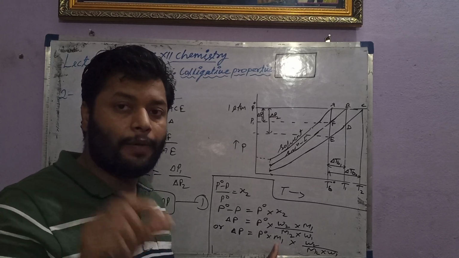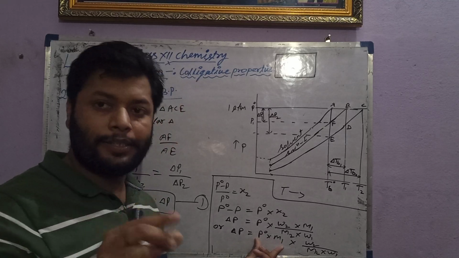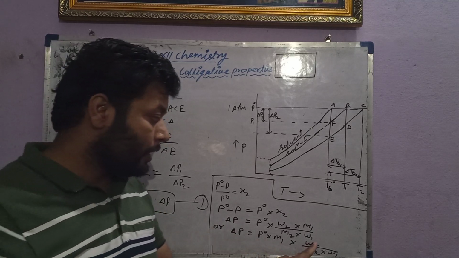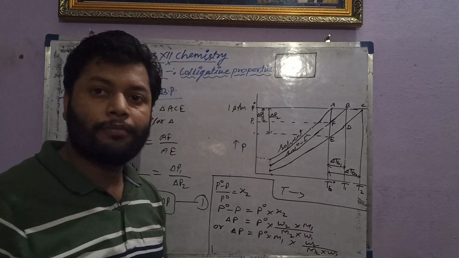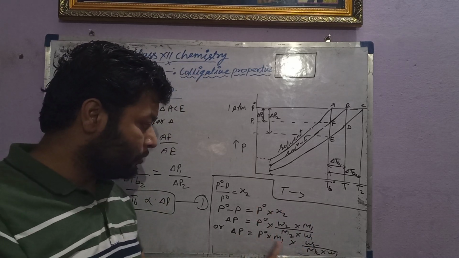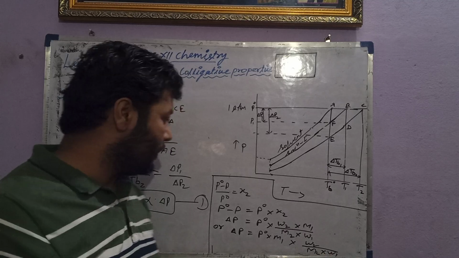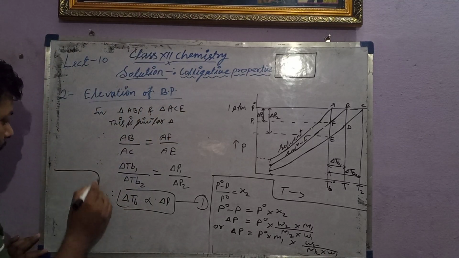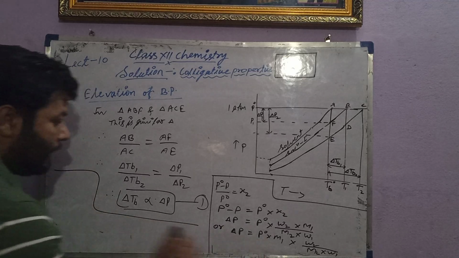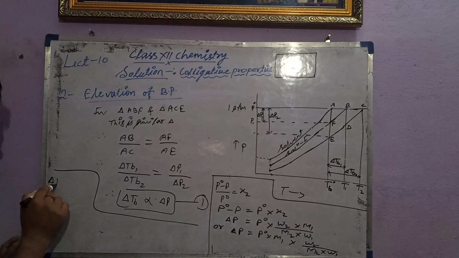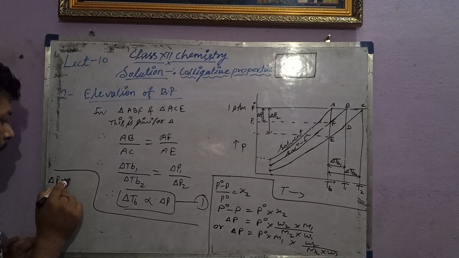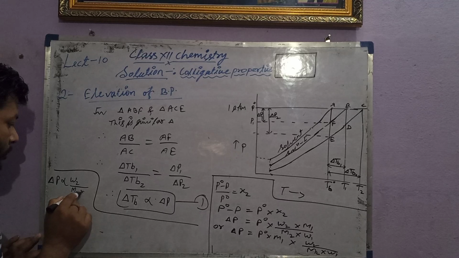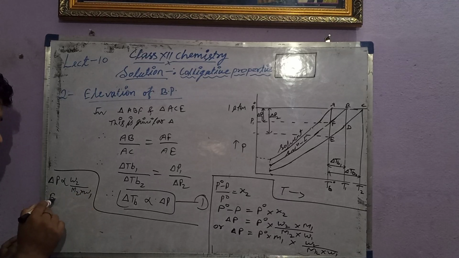For any given solvent, these two terms are always constant. So delta P is proportional to W2 upon M2 into W1. This formula can be written as delta P proportional to W2 upon M2 into W1 for 1 kg of solvent.